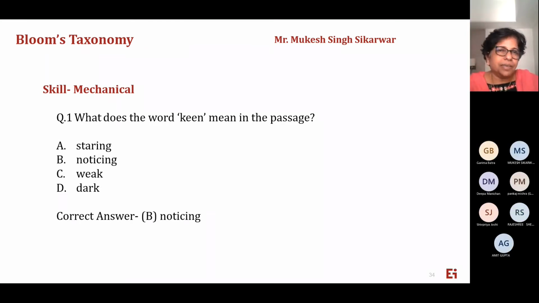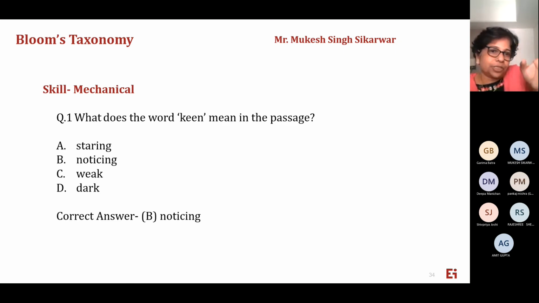Yeah, we should read this along with the passage and see whether the other options are possible or not. If I remember correctly, the passage says keen eyes. It's an adjective used for Bob's eyes, I think. Pale face and keen eyes.